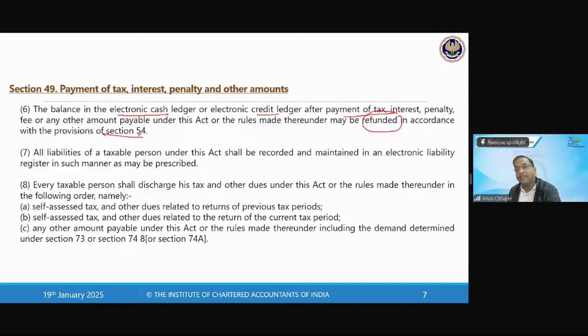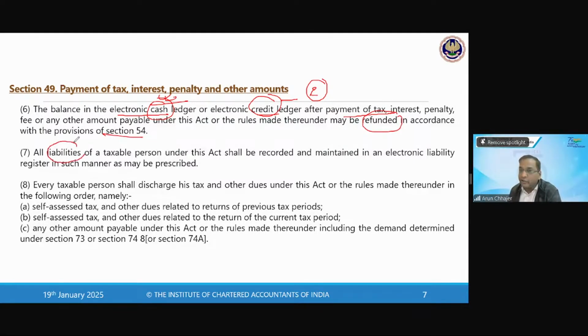But it is not that in every situation you can take the refund of credit. No. Cash, it is permitted, no problem. But credit, always remember there are only two situations wherein we can take the refund of the credit ledger. We can take the refund of ITC only in two situations. Otherwise, it is never ever permitted.